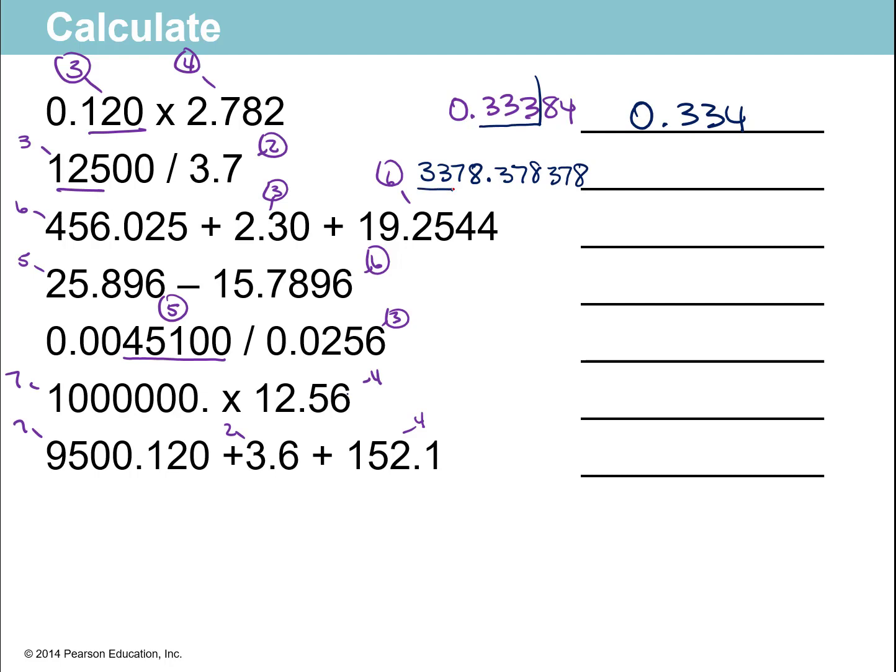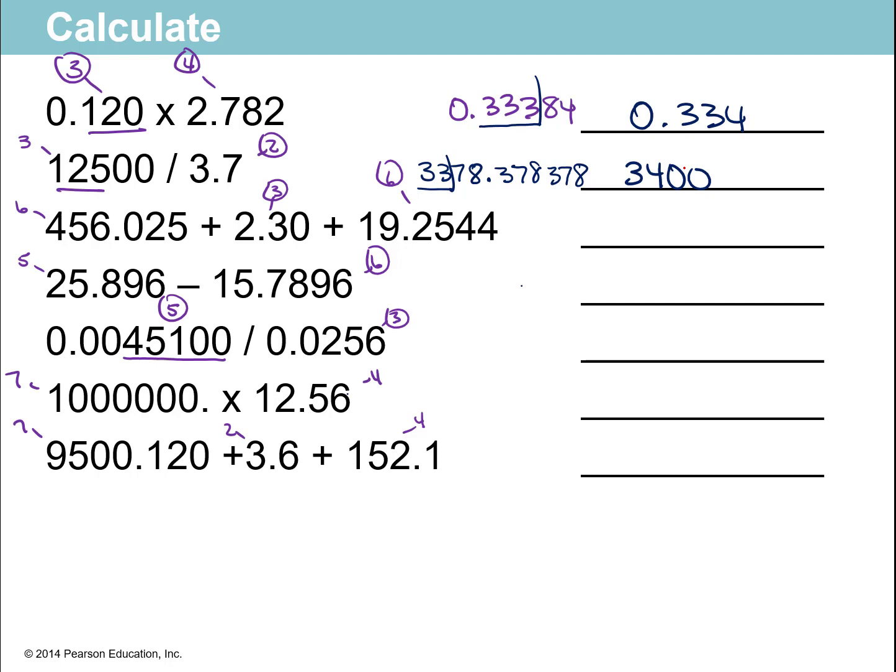The next number is a 7, right? So what's that 7 going to do? Round it up, so my 3 becomes a 4. Do I leave it at 34? What do I have to add? 2 zeros. I don't put a decimal place, but I put those 2 zeros to show where the decimal place is and the size of that number.